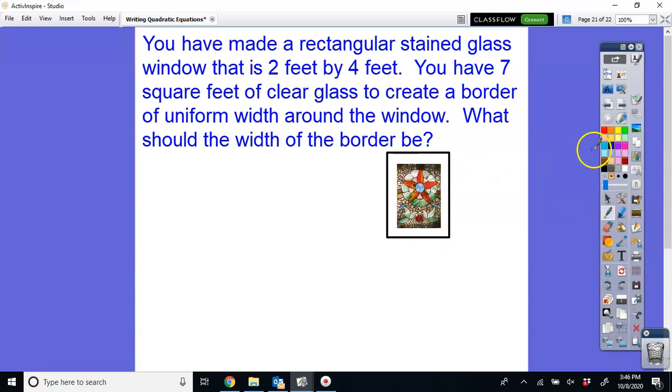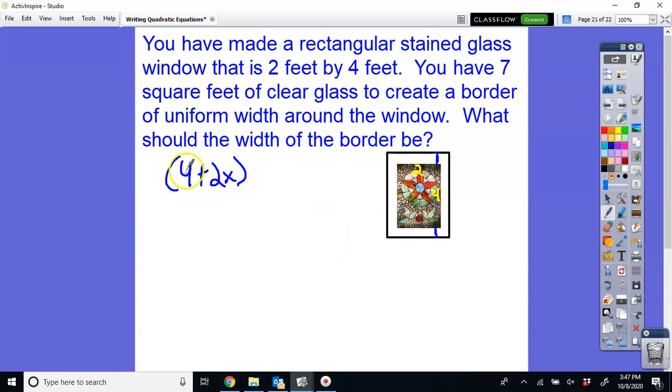What that means, notice, is that if this stained glass right here is 2 feet across and 4 feet down, I'm going to add on this side and this side, not just 1x like we did in the last problem, but I'm going to add 2 x's to it.